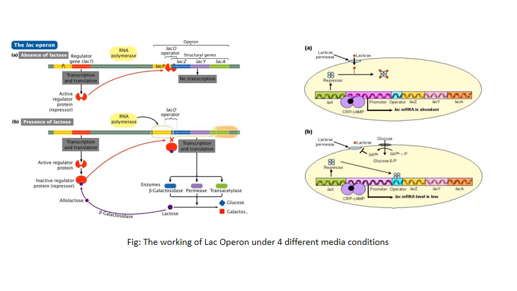As lactose is added to the medium, it is brought into the cell by permease, which is coded by LacY, and converted to allolactose by the beta-galactosidase enzyme, which is coded by LacZ. The allolactose binds to the repressor, which in turn prevents it from binding to the operator. As the operator is now free, RNA polymerase transcribes the polycistronic RNA and the lac operon is induced.